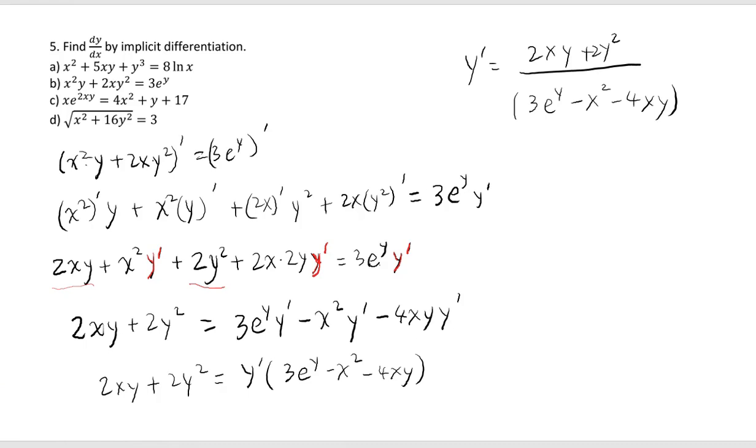If you do a few more, you're going to see a pattern. You always have to differentiate using either the product rule or chain rule, and then after differentiating you have to solve for y prime by isolating the y prime on one side.